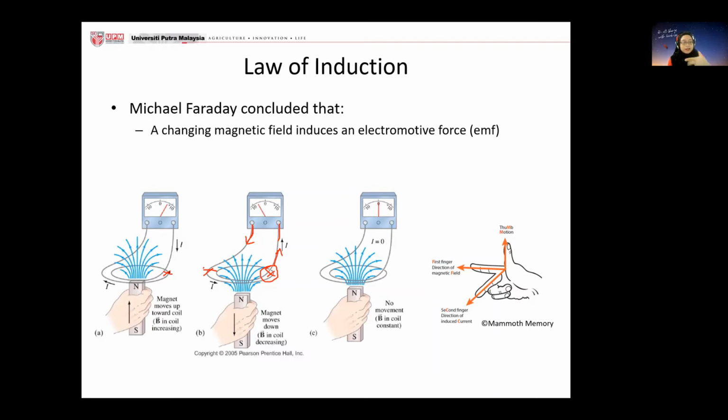Again, something like that, moving downwards, and then your direction is like that. So your current is actually towards you, and there you have it. You have the flow of electrons from here to here as the magnet is moving.